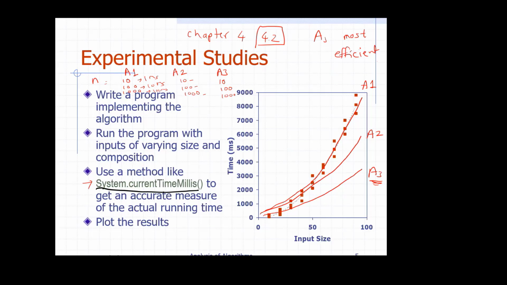Initially, for some values, you will see that it doesn't really make much difference. For example, if some algorithm runs in n and some in n square, if n is equal to 1, it's not a big difference. Both are going to take 1 millisecond. When n is equal to 2, this is 2 and 4, again not much difference.